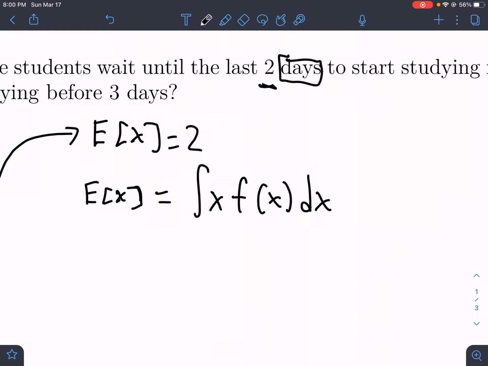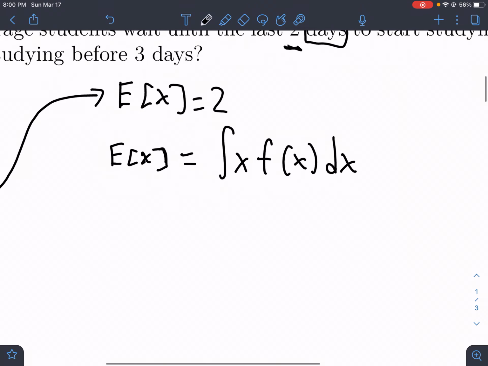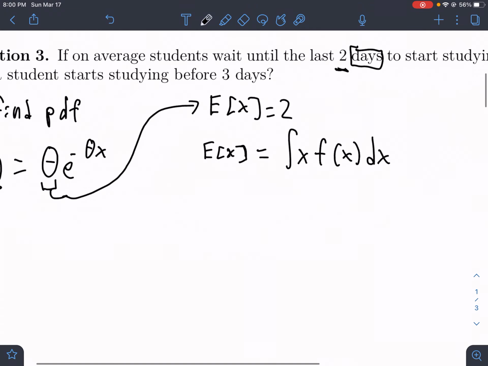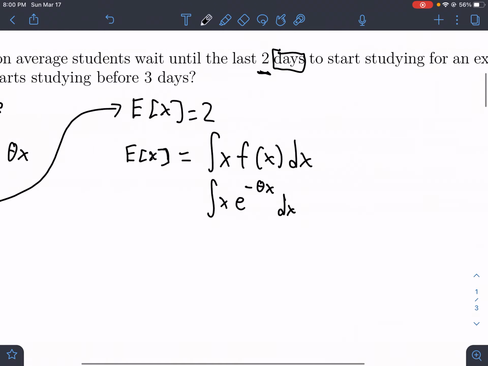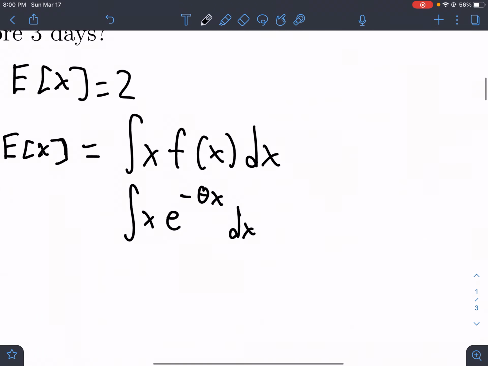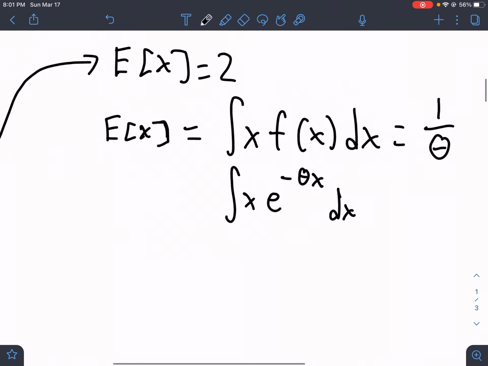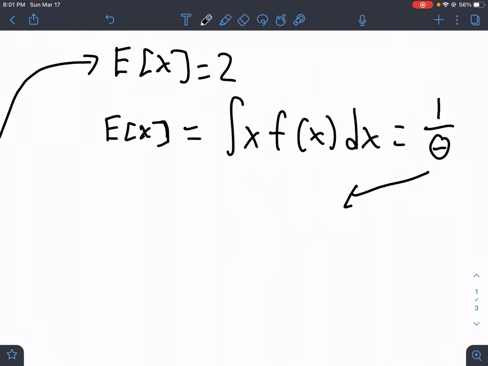You could solve this integration of x e to the negative theta x, but that would require integration by parts, and I don't really want to do that in this video. So you can also memorize this next tidbit of information, which is that the expected value of x for an exponential distribution is 1 over theta. So we can just apply that. We know that 2 equals 1 over theta. So theta equals 1/2.